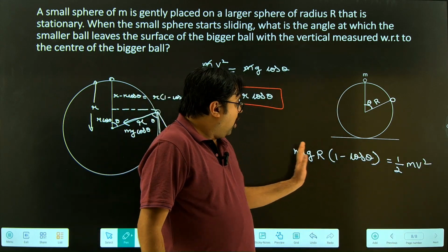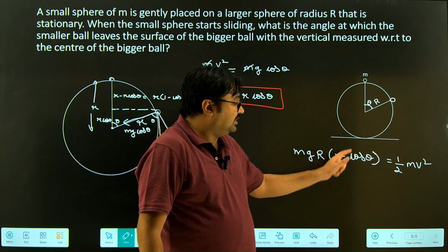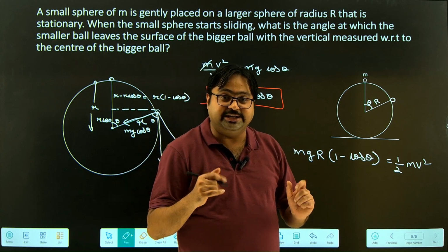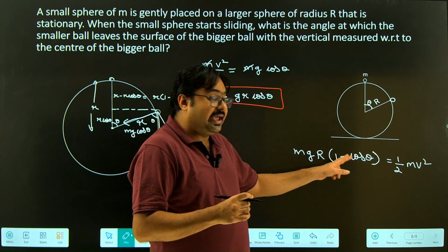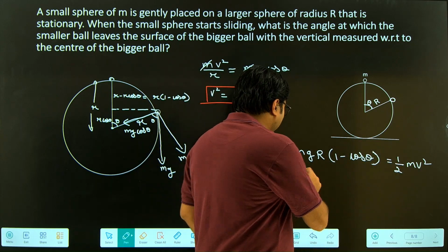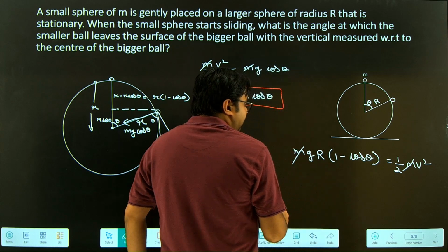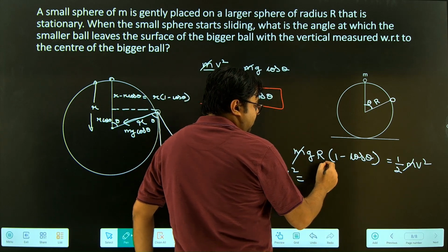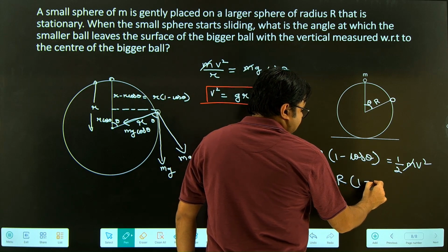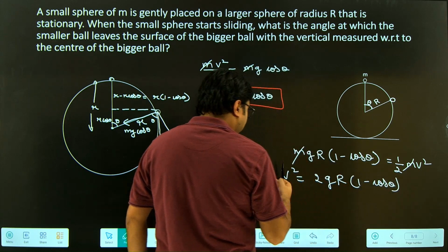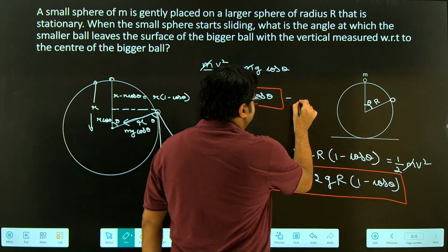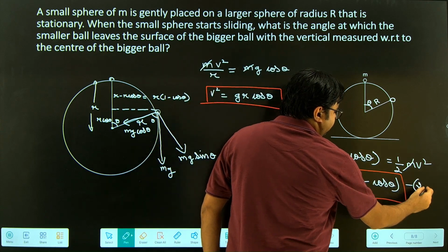This is because all the potential energy it has lost has become kinetic energy. There are no forces that are dissipative in nature. There is no friction. So everything that is potential energy that's lost becomes kinetic energy. Here also I have m and m getting cancelled. We have v squared becoming equal to 2 times gr into 1 minus cos theta. Now this is also another equation that we were in need of. Let me call this one equation 1 and that equation 2.